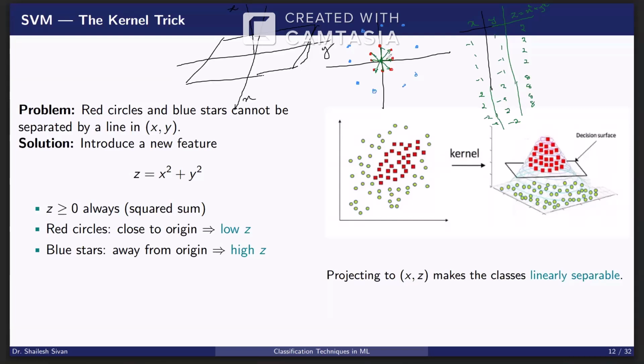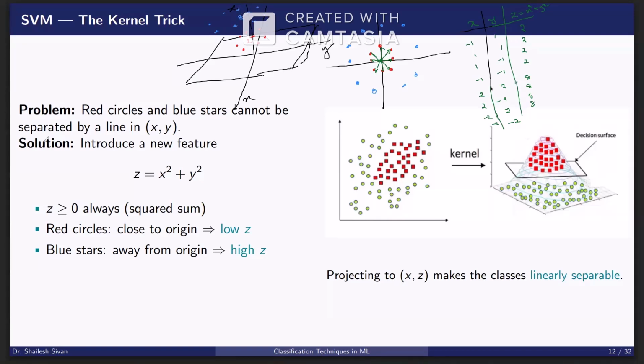These red points will appear like a circle at a height of 2, right? And the blue points will appear like a circle at Z equal to 8.